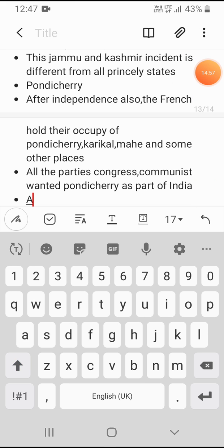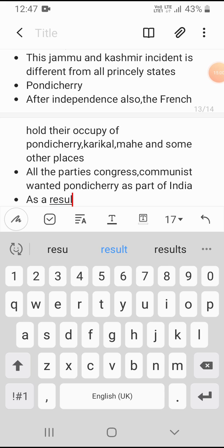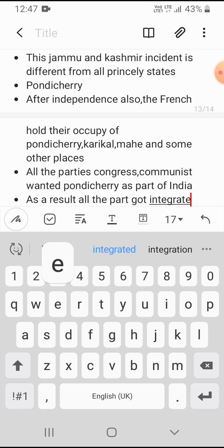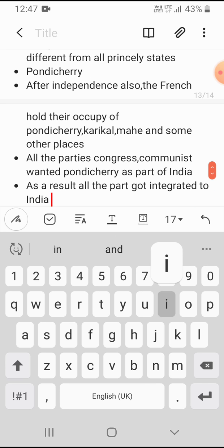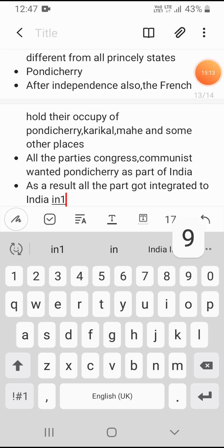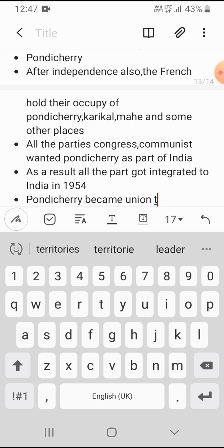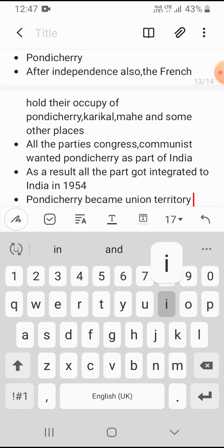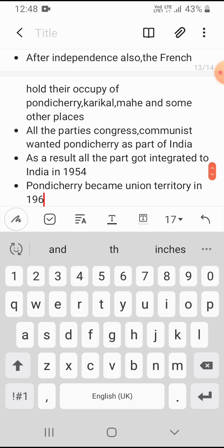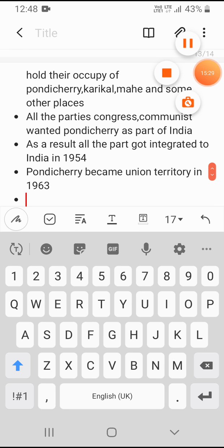As a result, all the parts got integrated into India in 1954, and Pondicherry became a Union Territory in 1963. So this is about Pondicherry.